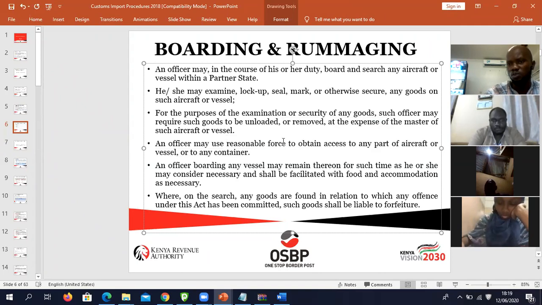And therefore, reasonable force should be force that, depending on the circumstance or the particular occasion, should not go beyond certain limits. In certain scenarios, we may be dealing with goods that are sensitive, goods that can easily get destroyed, goods that are fragile. So therefore, an officer needs to use reasonable force to obtain access to any part of the aircraft or vessel.